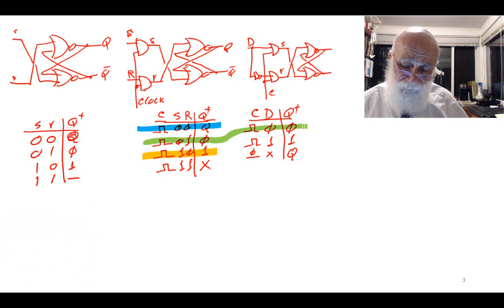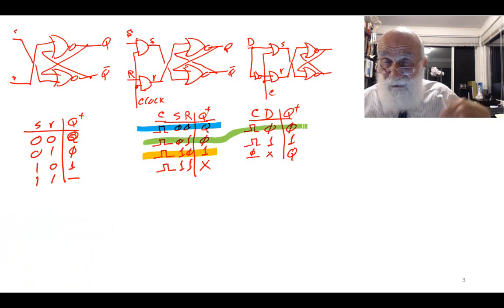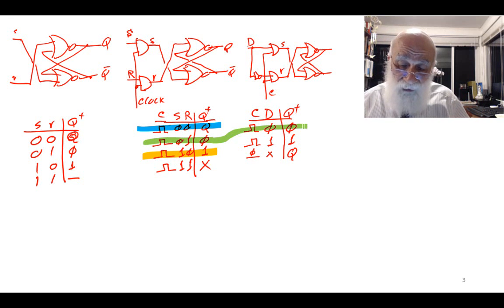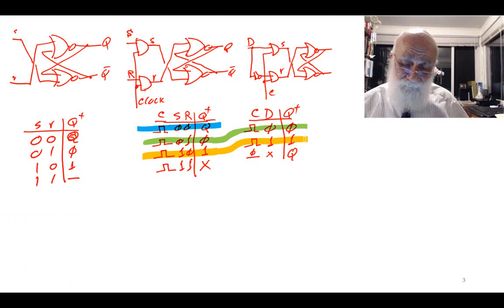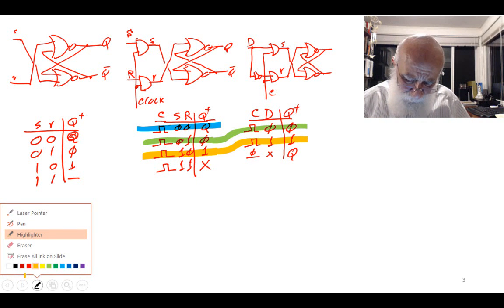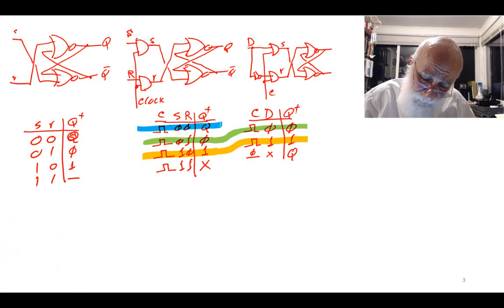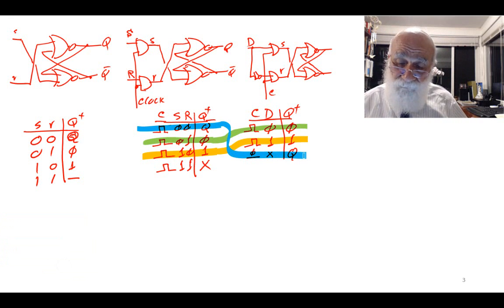D is 0 means the internal R is 1 and the clock goes through and makes the output 0. The 1-0 is implemented by this, and the situation that my output doesn't change is implemented when my clock is not active. Means this.